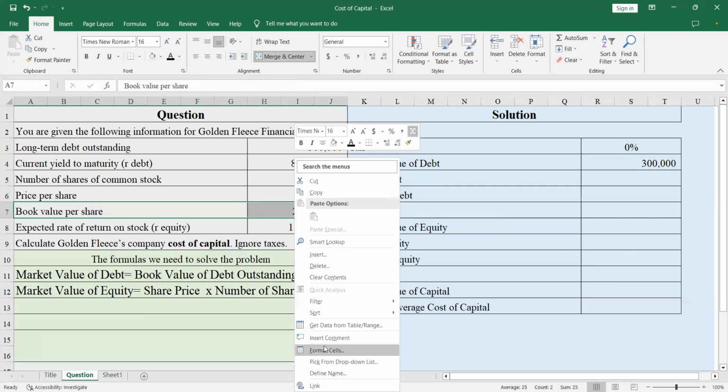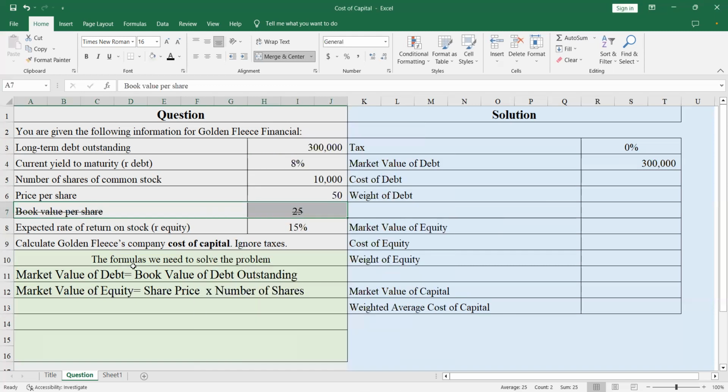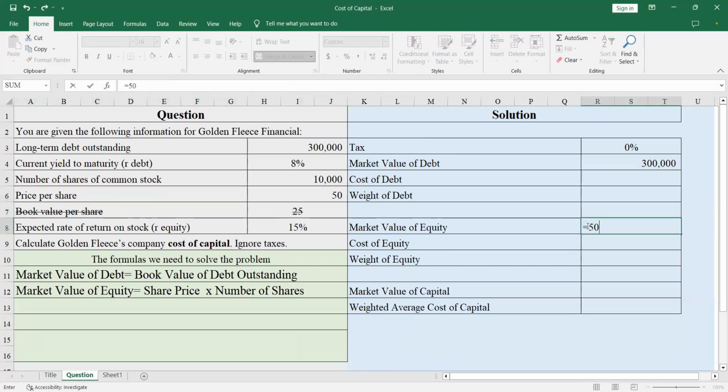So in any question where you're given the book prices, just strike them through. This is not of interest. So the market price per share is 50. So 50 price per share times 10,000 shares, that's about 500,000 market value of equity.